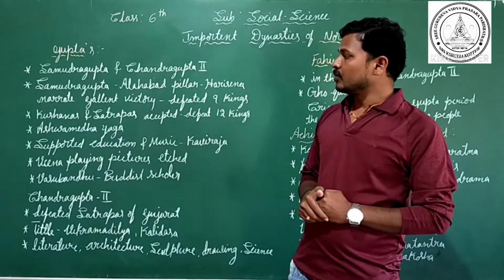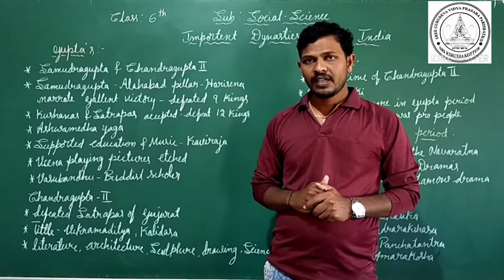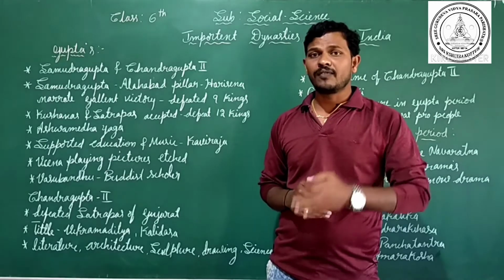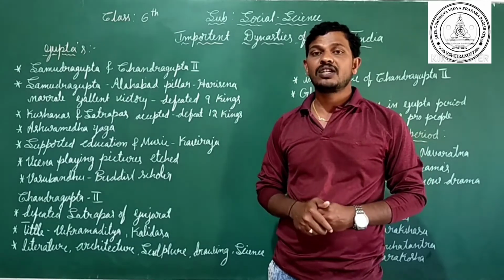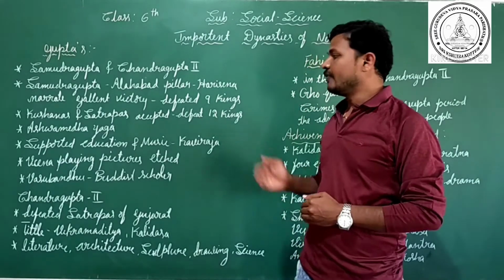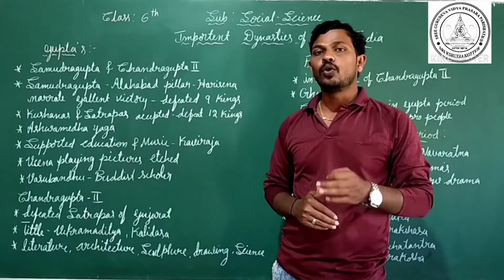Samudragupta supported education and music also. He was himself a musician. Because he gave more preference to education and music, he got the title Kaviraja. His Veena playing pictures are etched on his golden coins.